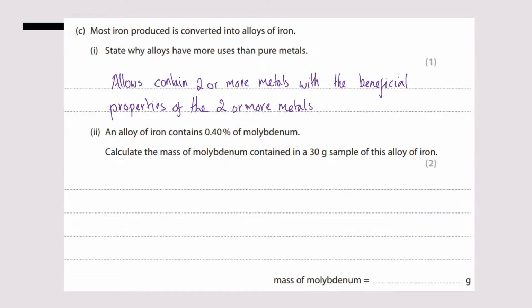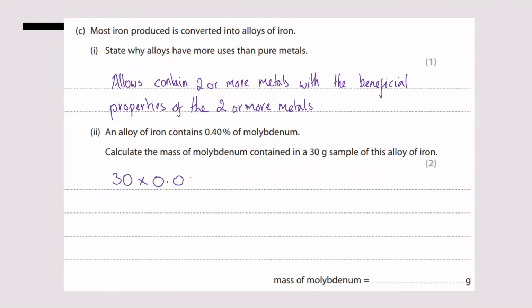Okay, we've got something to work out here. An alloy of iron contains 0.4% molybdenum. Calculate the mass of molybdenum contained in a 30-gram sample of this alloy of iron. Again, this is a maths question. So how would we do this? To get 40% would be 0.4. To get 4%, it would be 0.04.